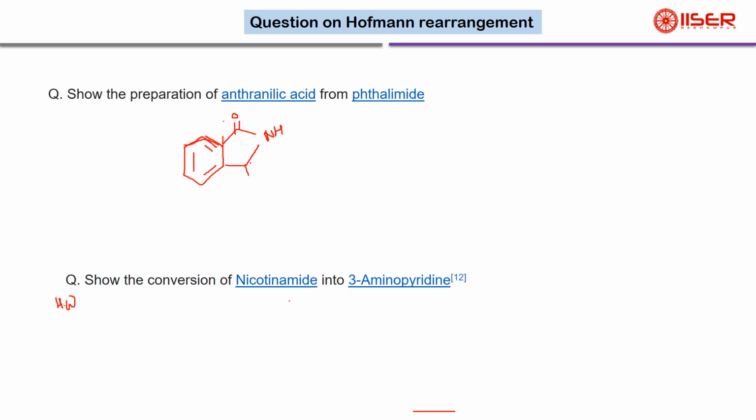Now, do you know the structure of anthranilic acid? 2-aminobenzoic acid is known as anthranilic acid. This is one of the important compounds in drug synthesis.